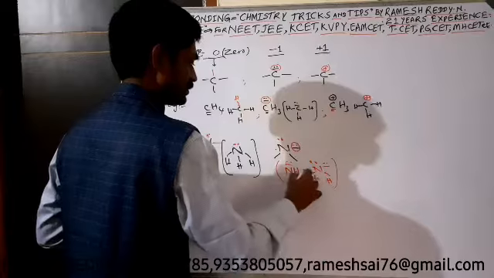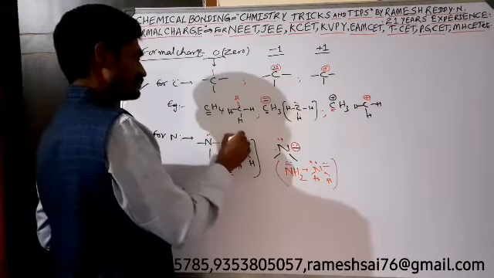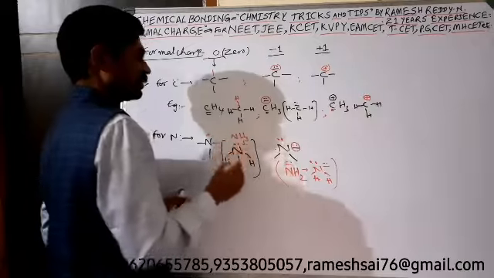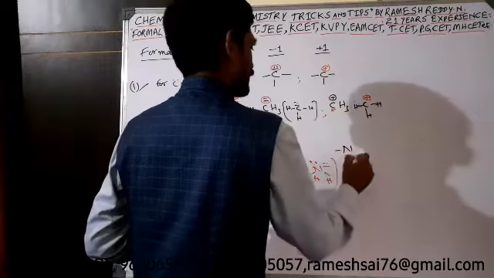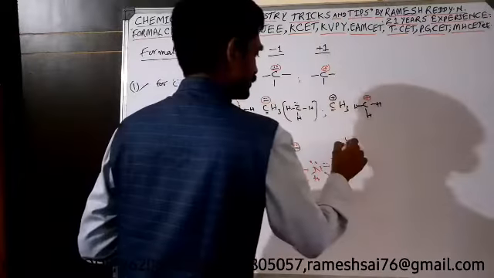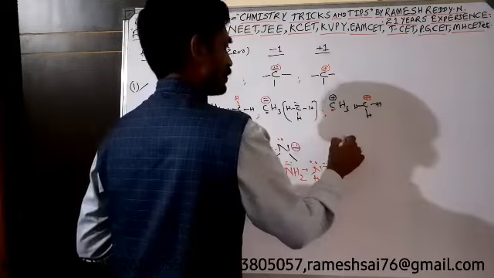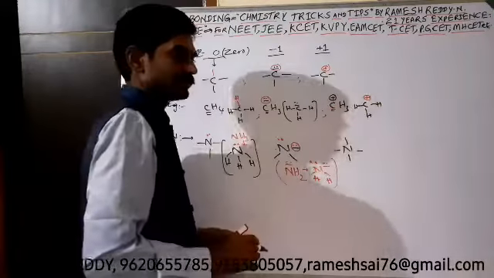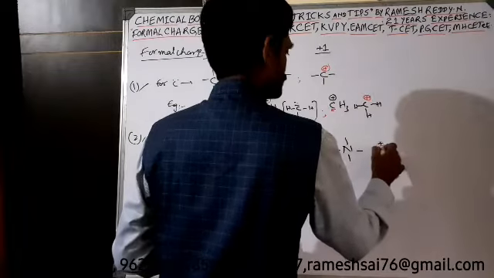Got it? Next one. In the case of nitrogen, if nitrogen has four bond pairs, four covalent bonds, then the nitrogen has a formal charge of +1. For example, the ammonium ion NH4 plus.